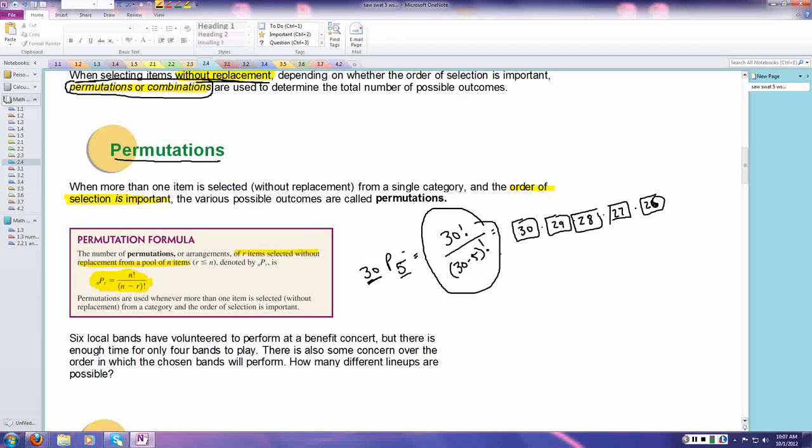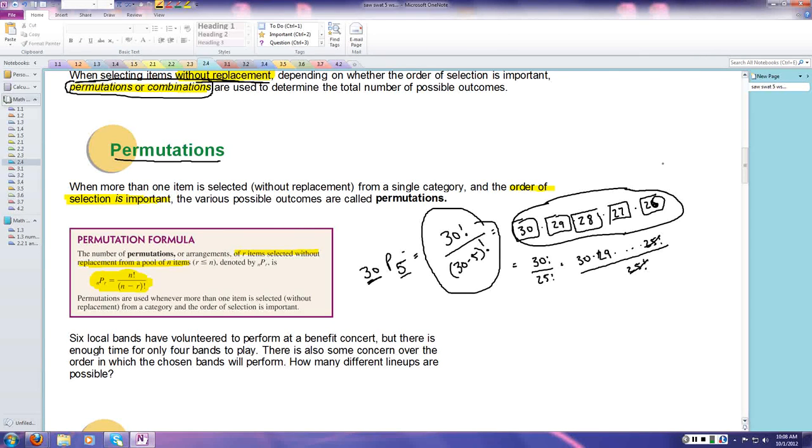Really, I have 30 factorial over 25 factorial. So if I expand this out, 30 times 29 all the way down to 25 factorial over 25 factorial, the 25 factorials cancel and I'm left with 30 times 29 times 28 times 27 times 26, which would be the fundamental counting principle.